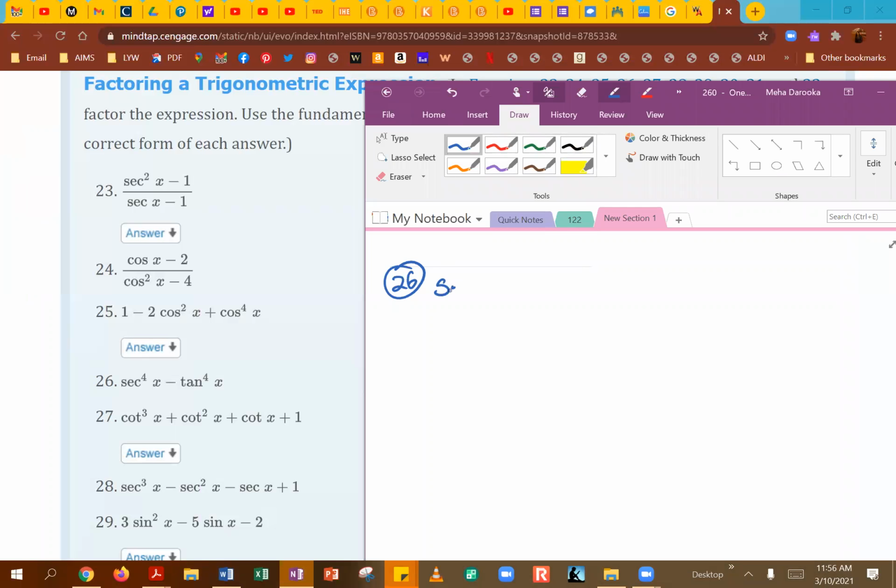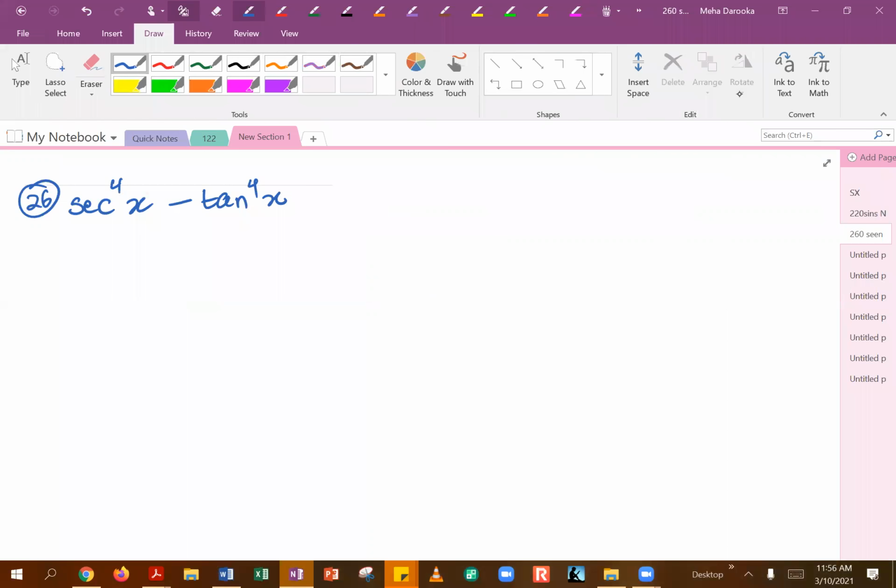Okay, so any concepts from algebra coming to mind that we can use in this example to try and factor this? Pythagorean theorem.